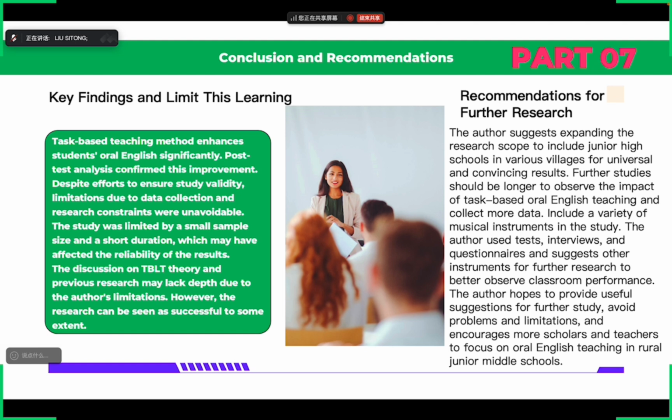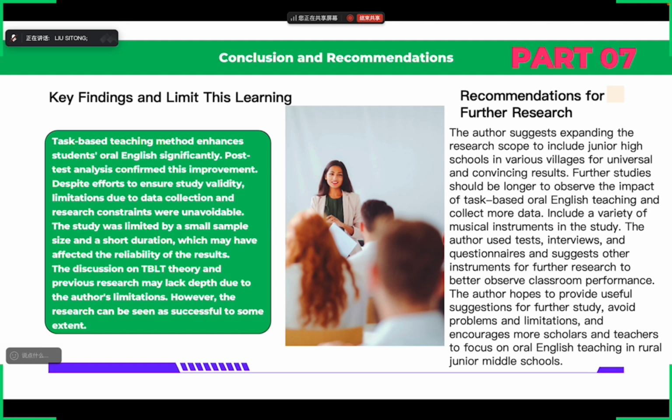And the study confirmed that TBLT effectively enhanced students' oral English proficiency, but its impact on test scores is limited. Thus, a balance between communicative teaching and test preparation is necessary for effective English education in rural schools.